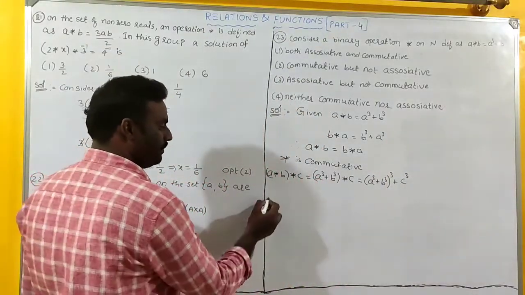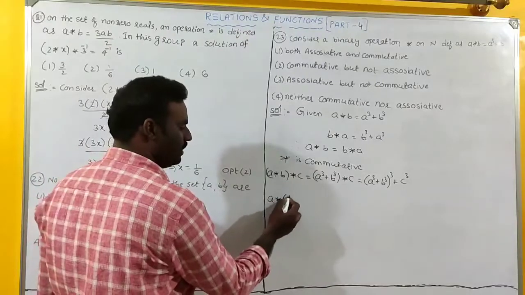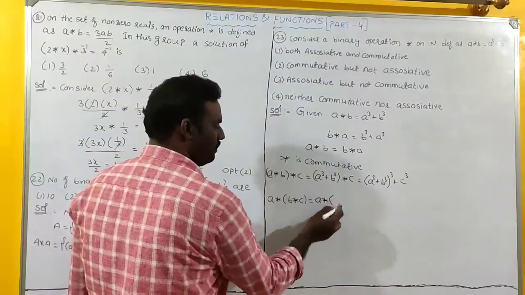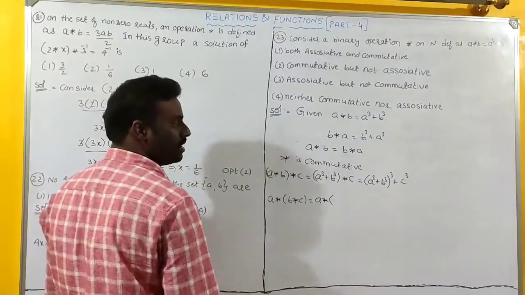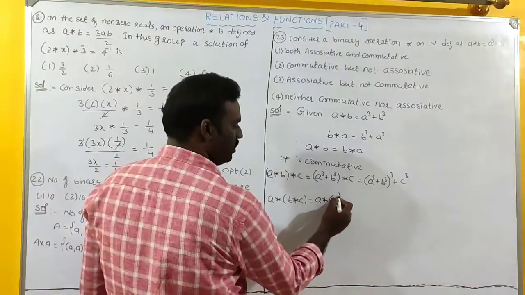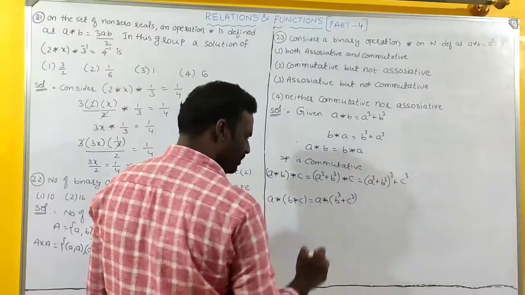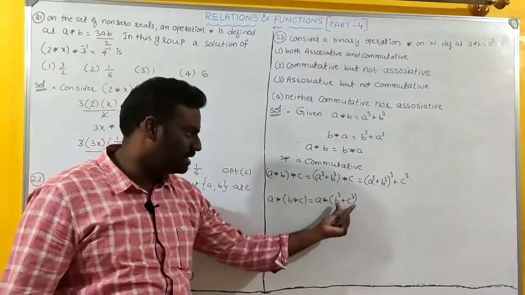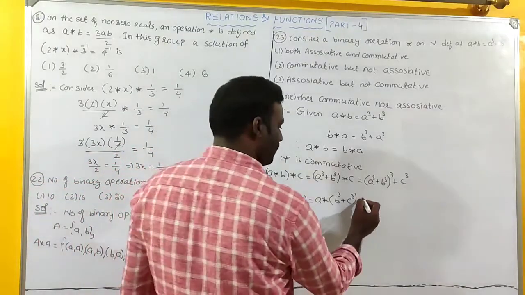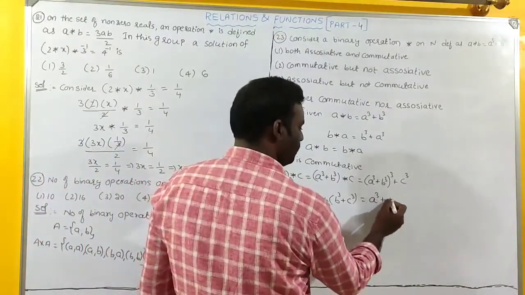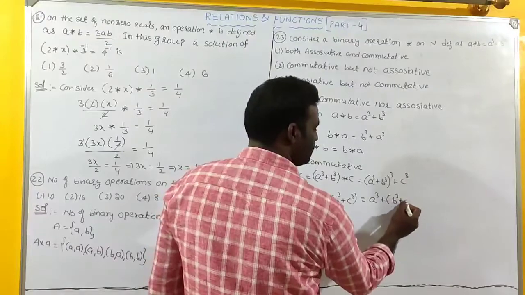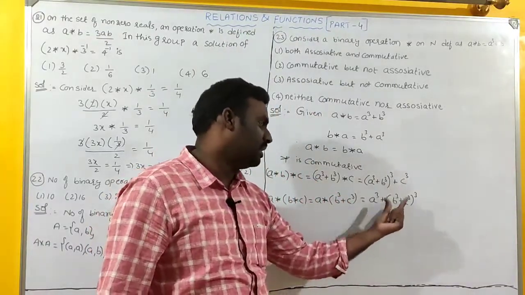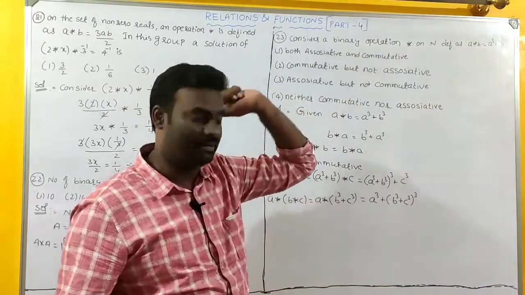Now consider a star (b star c). What is the meaning of star? First value whole cube plus second value whole cube. Again star is there. This is the first value, this is the second value. Then again we can write first value whole cube plus second value whole cube. Now these two values are not equal for any natural number.